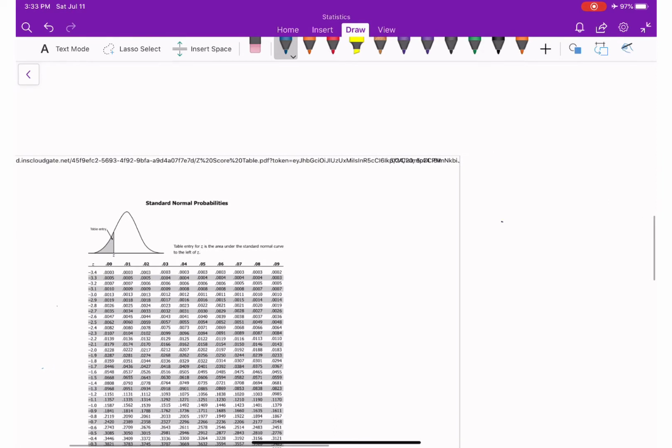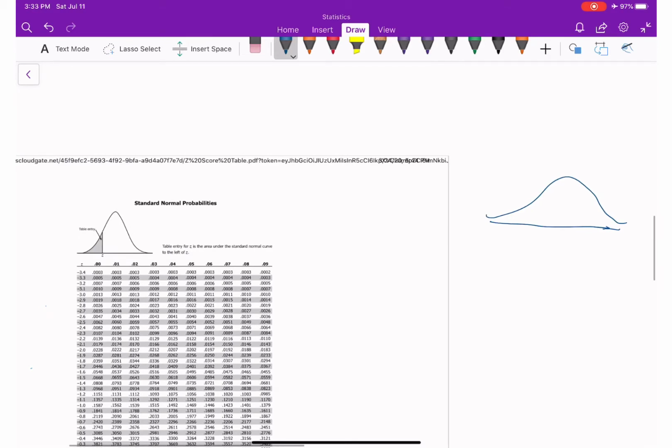Okay, let's say this is my normal distribution. Use your imagination. It's supposed to be bell-shaped. If it's bell-shaped, it's symmetric, which is going to be 50% on both sides. So this area is going to be from 0% through 50%.